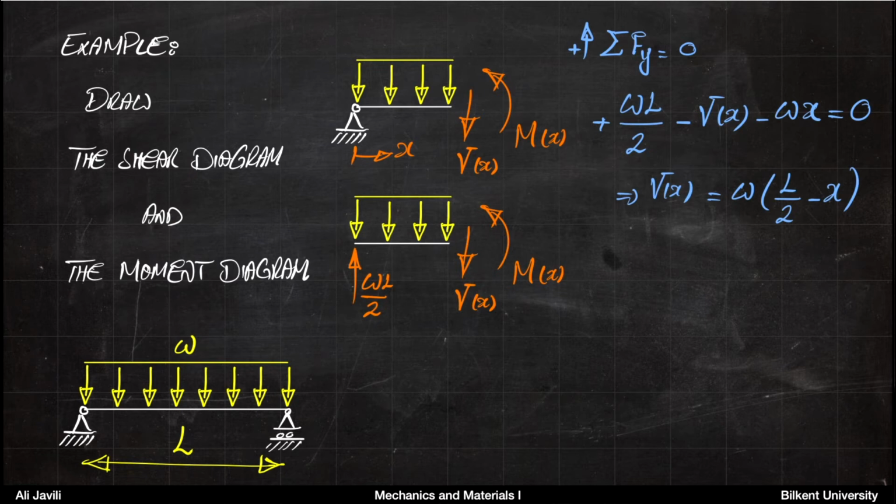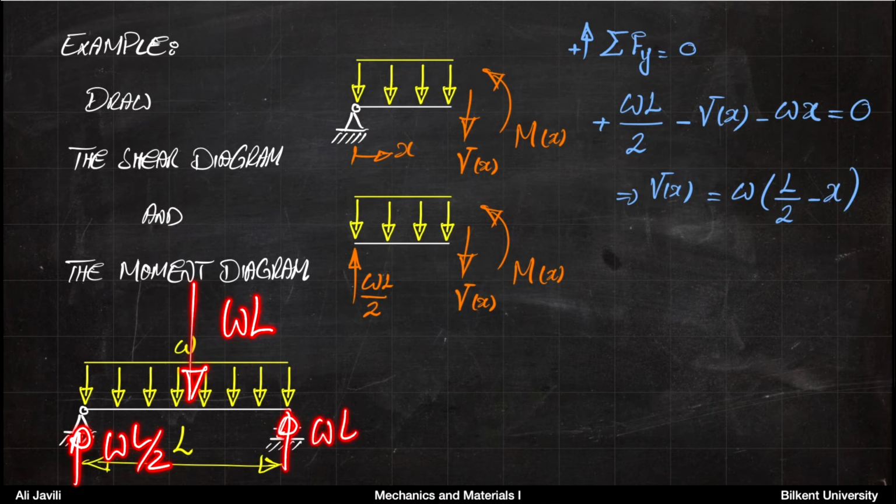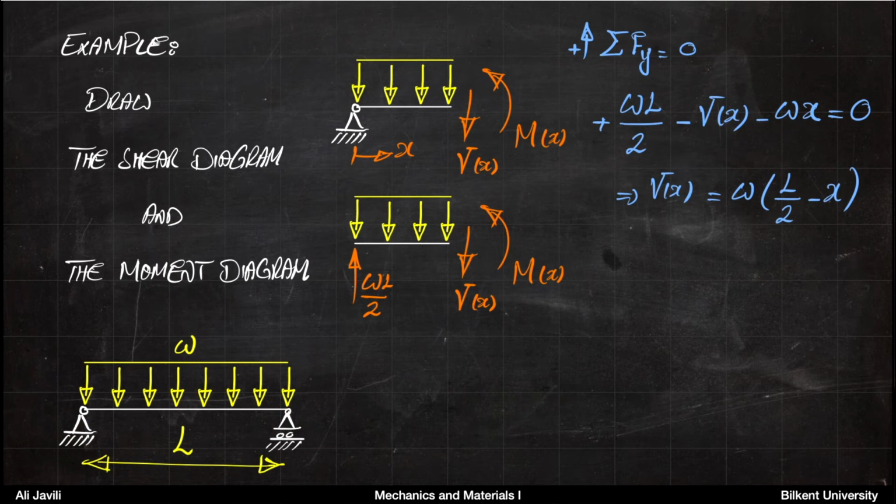Then you write the equilibrium equations. And then again, you can imagine if you have a force of W with the length L, the effective force would be WL. So on each support, you get WL divided by 2. And this is exactly the support reaction.